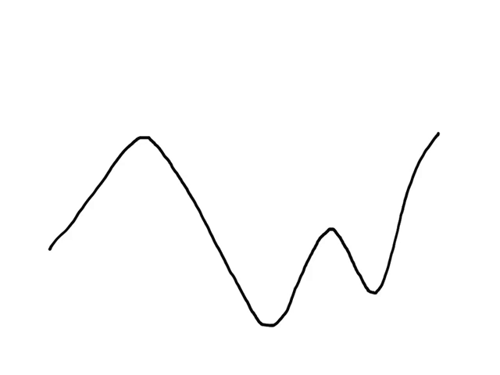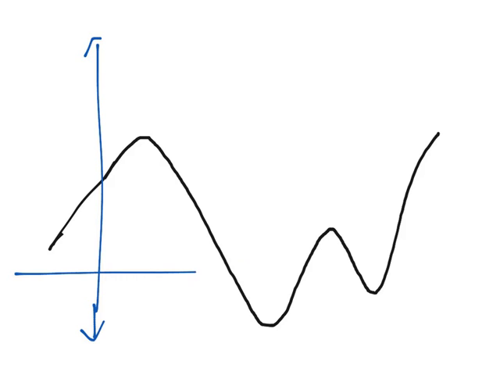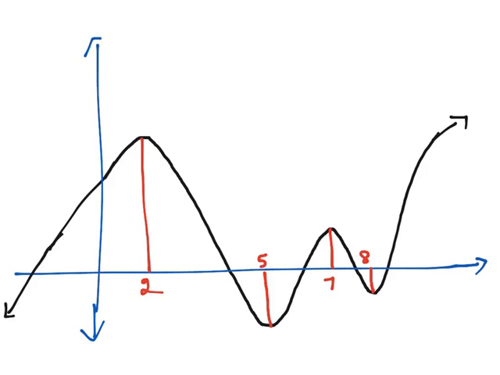Let's say this is the y-axis, and this is the x-axis. Let me mark these points. Now look at this function, students. Let's say this is y equal to f of x.